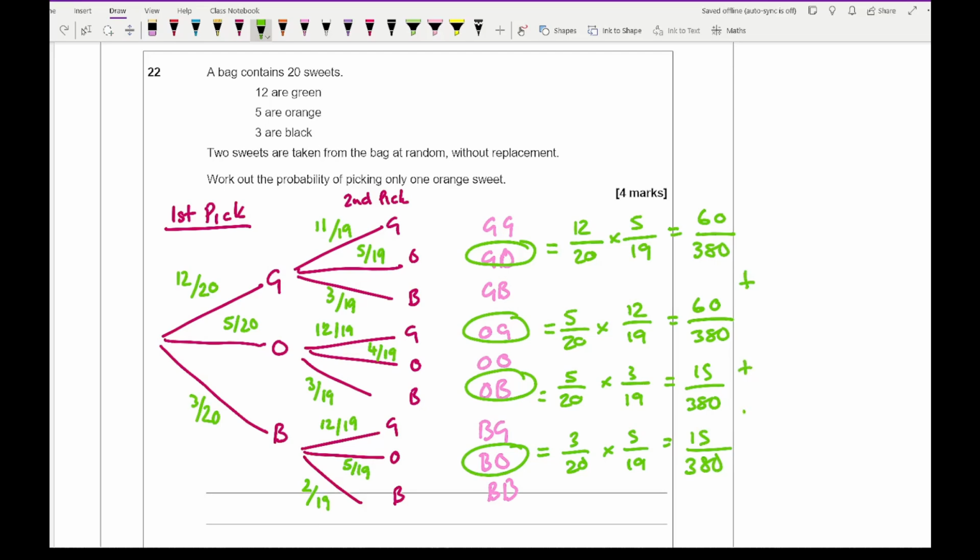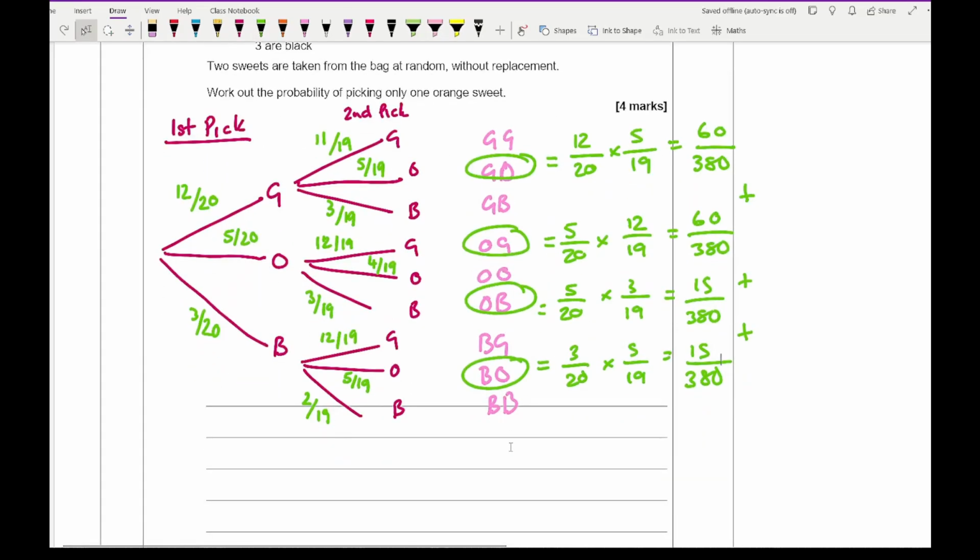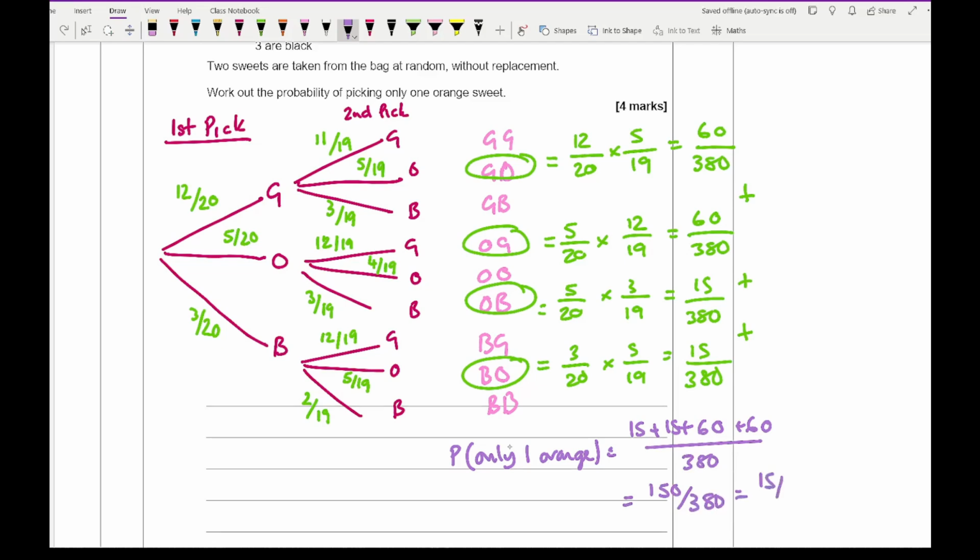So I then want to add these probabilities together. Now, by not simplifying and all the denominators being the same, it's going to be a lot easier for me to write them all down. So only one orange is going to be 15 plus 15 plus 60 plus 60 all over 380, and that's going to be 150 over 380, which is 15 over 38, and there's my final answer.